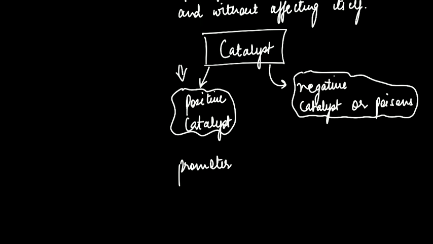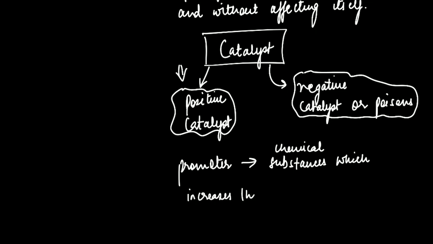One more feature of Haber's process is something called a promoter. Promoters are again chemical substances which increase the efficiency of the catalyst.